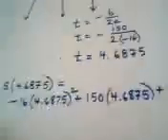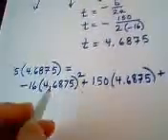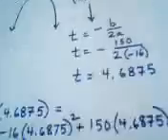In other words, what we did is we plugged 4.6875 into the position function.